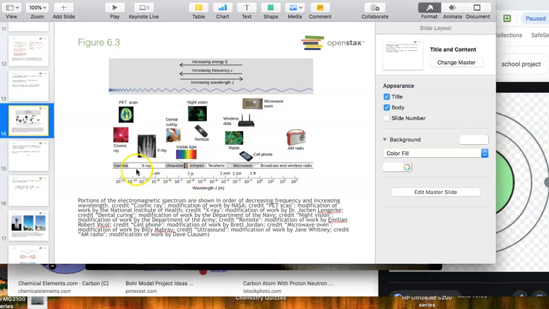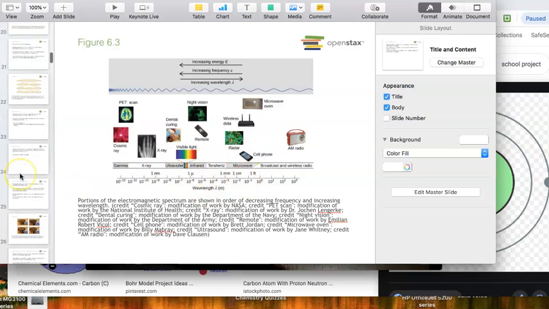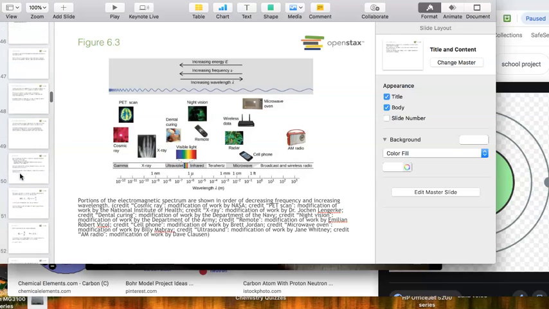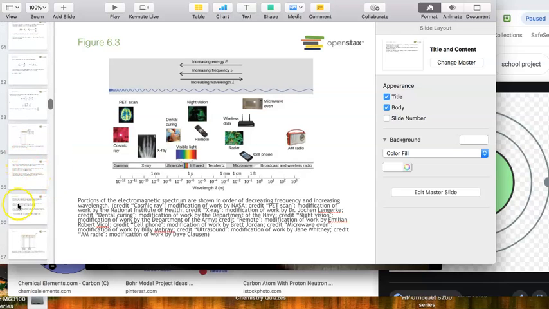So you get an idea of what these values are in certain portions of the electromagnetic spectrum. That would be important to try to memorize as best you can.